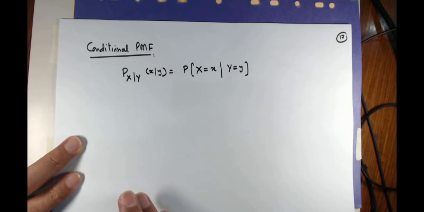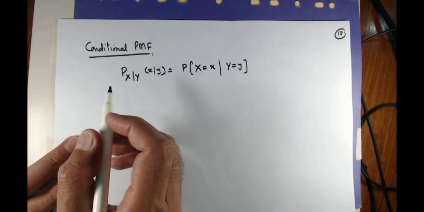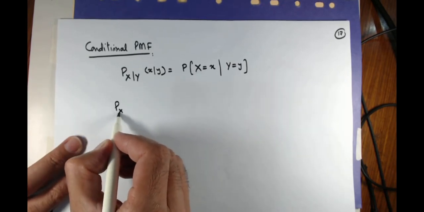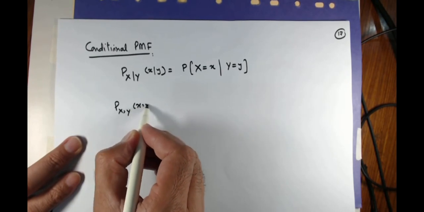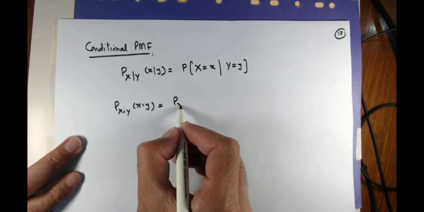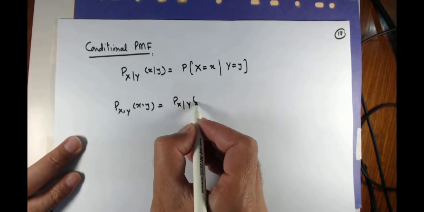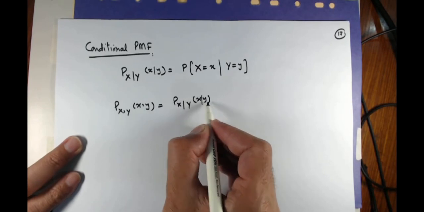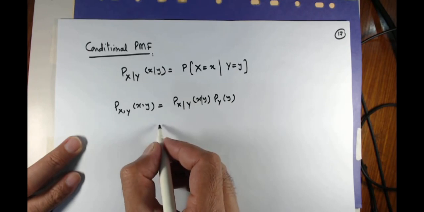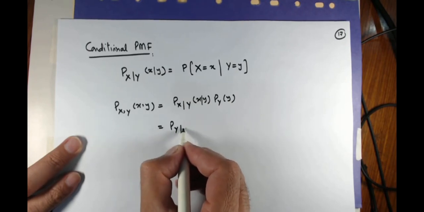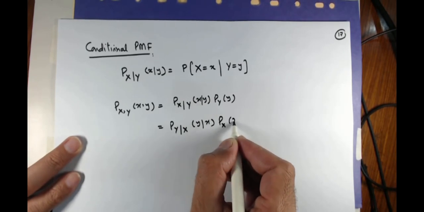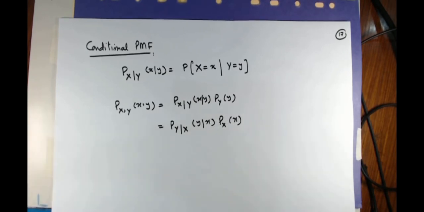At the moment, just note this. We can write the joint distribution of X and Y as P sub X given Y of X given Y times P sub Y of Y. Or you can also write it as P sub Y given X of Y given X times P sub X of X. Please do not get confused.